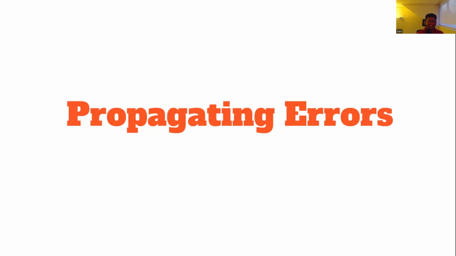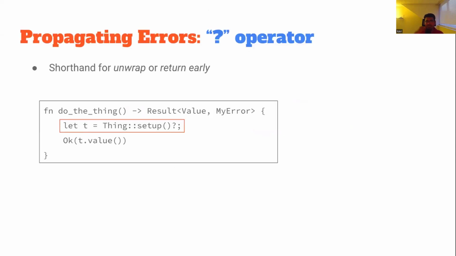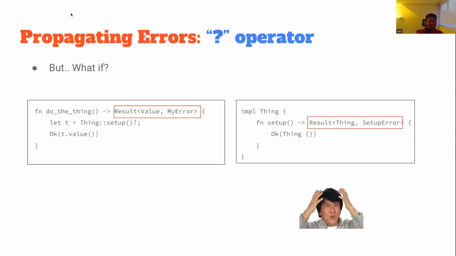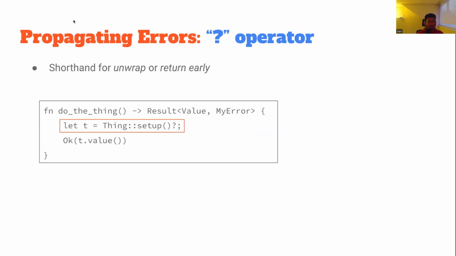So all right, the final section is, okay, now we have error. Now we created error, depends on the use case, depends on what the user wants, depends on how much control the user has. We represented the error, we created the error. Now how do we propagate it? So usually we propagate via the question mark operator, which is basically shorthand for unwrap or return early.